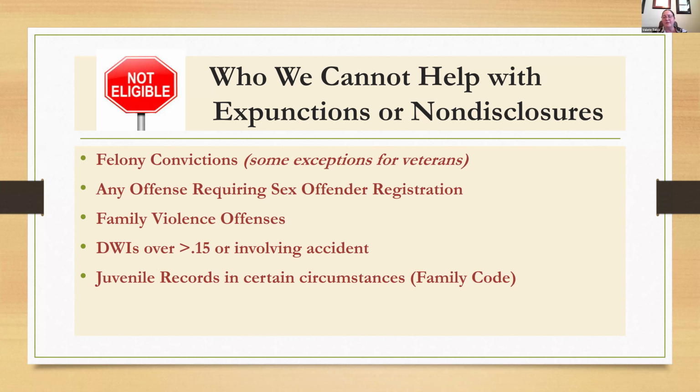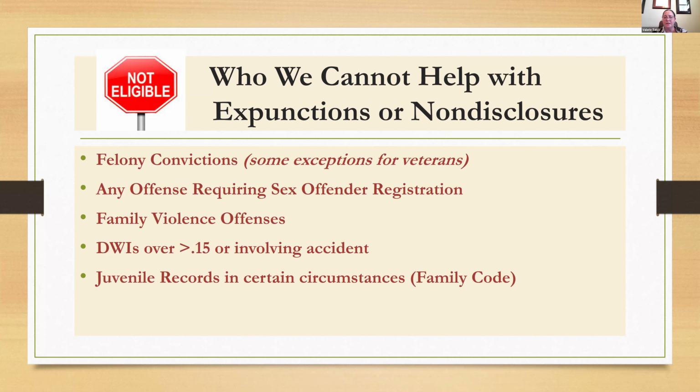If you got a family violence conviction, just an assault with an affirmative finding of family violence, you're not allowed to get it removed from your record through expunction or non-disclosure. I think the law is behind the times on this and needs to catch up, but there's only so much we can do to try to get the legislature to catch up.